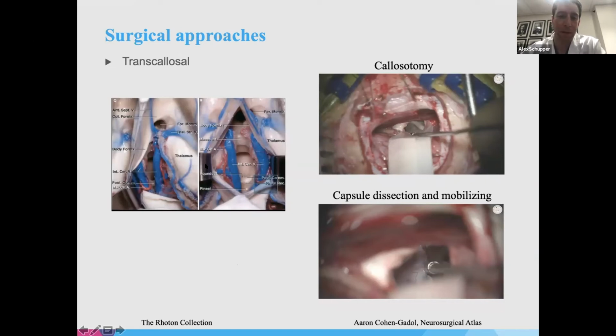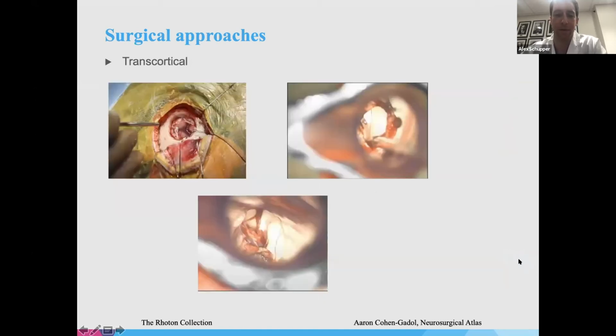Coming down, and again, this is the anatomy that we're going to see, with the paired ICVs here and the foramen anteriorly. And Aaron Cohen-Gadol has a very nice video going through the steps of how he performs the procedure and the views and the corresponding anatomy as well.